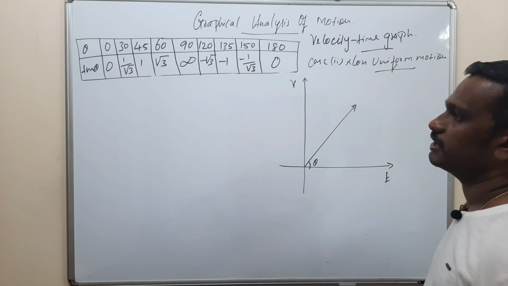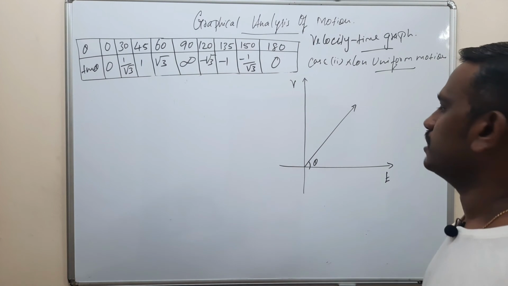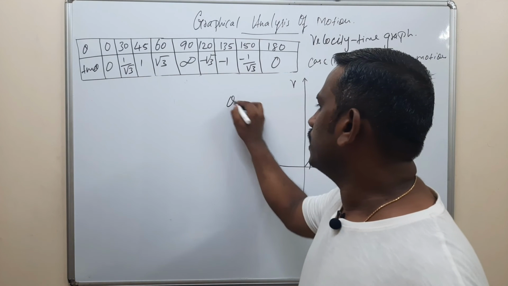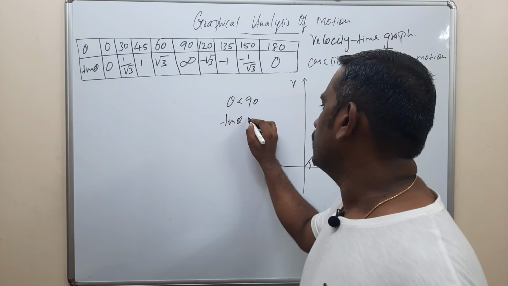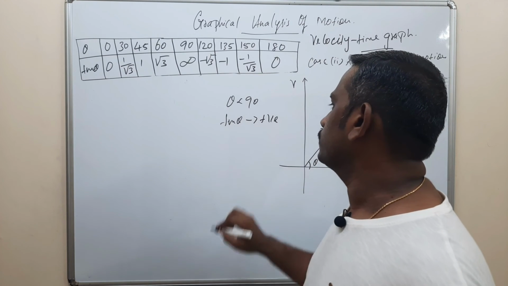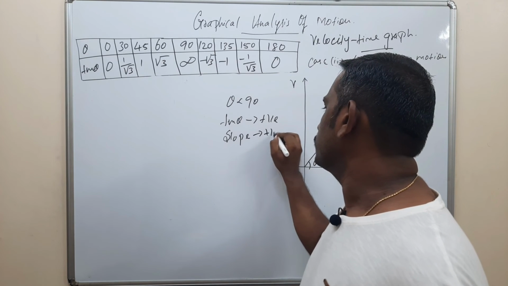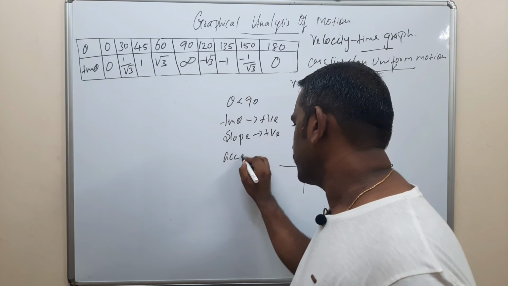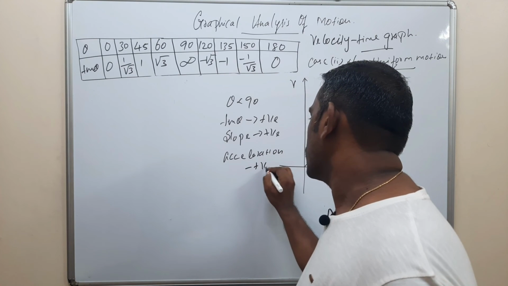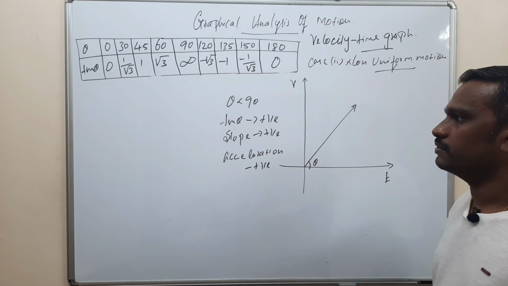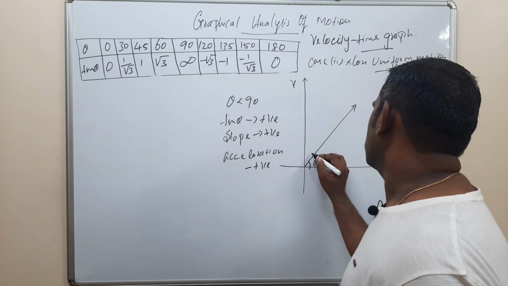So what is theta? The slope of the velocity time graph gives the acceleration. Here theta is less than 90 degrees, so tan theta is positive, slope is positive, so acceleration is positive.